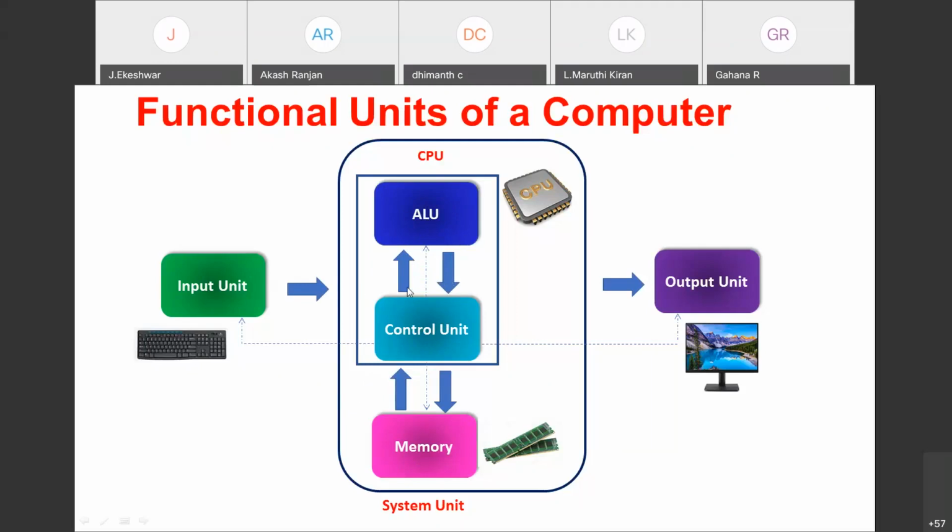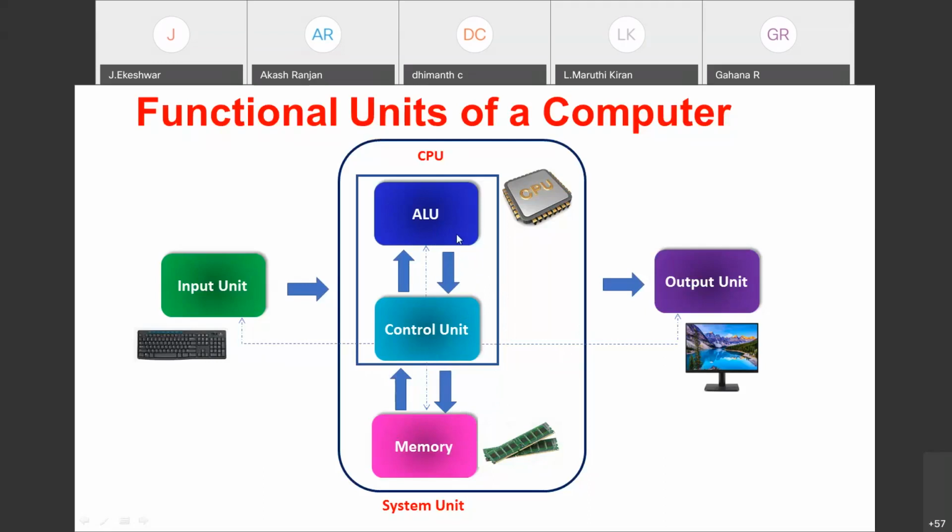So it sends out the address. This is taken care of by the processor. The processor sends out the address to which location the result is to be written, and also it sends out the write control signal, that is taken care of by the control unit of the processor, and accordingly the data will be written to that specified location.